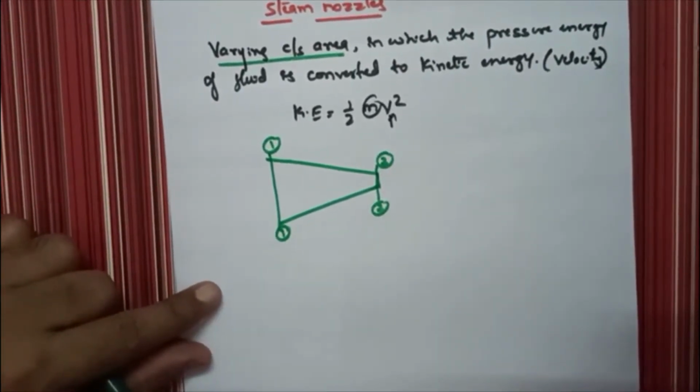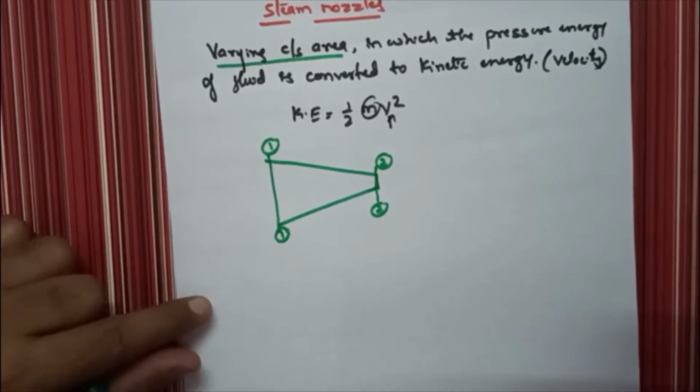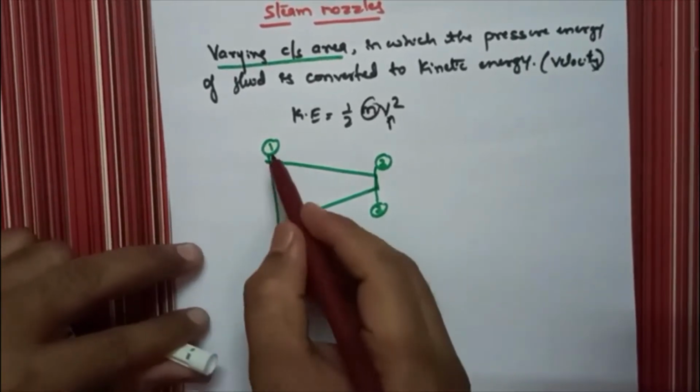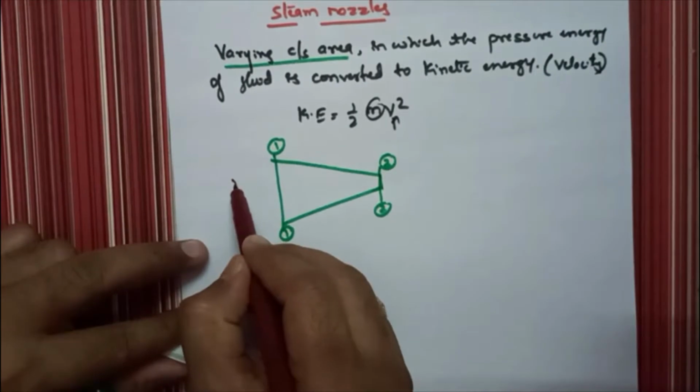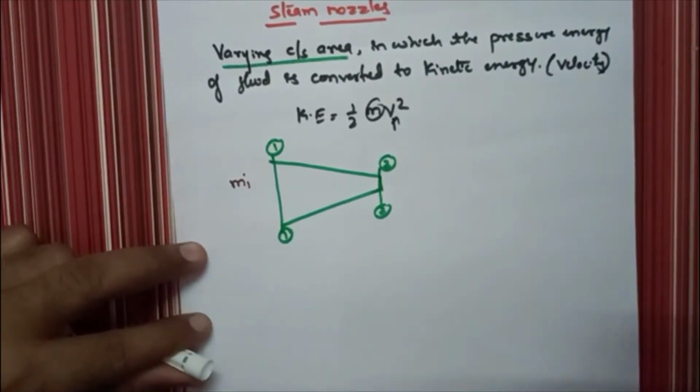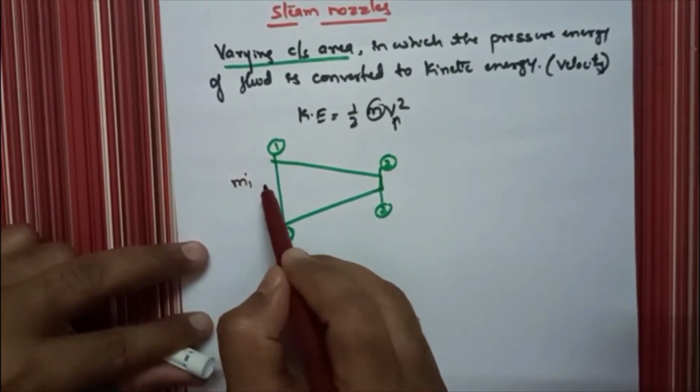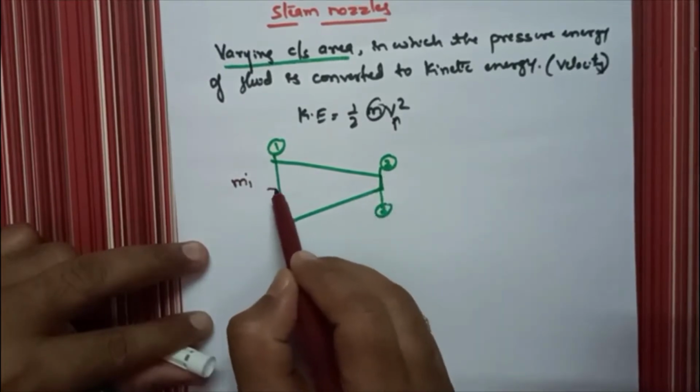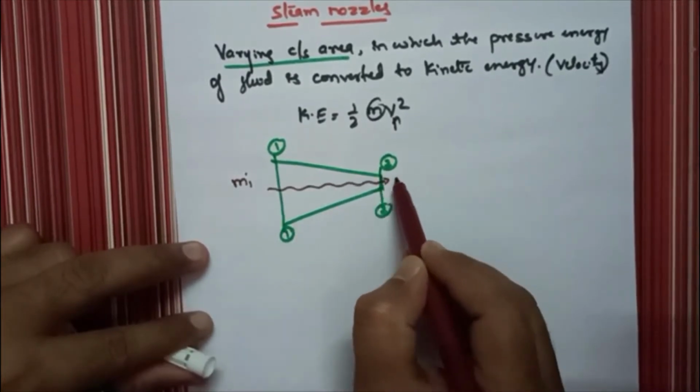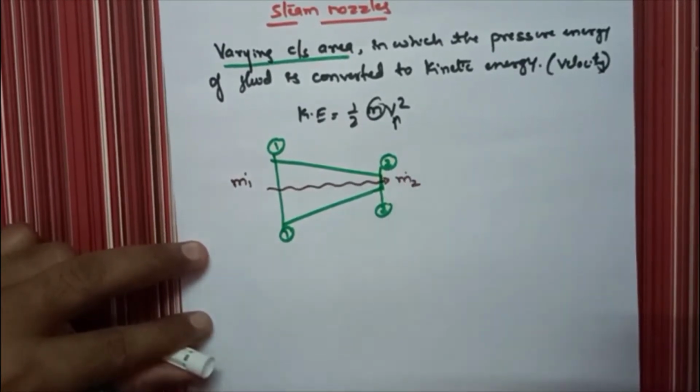Okay, so what type of nozzle we discuss later in the next topic. So 1, 2. So m1 is mass of the fluid, that is steam, is passing through the nozzle here, and m2 is mass of the fluid which is coming outside.